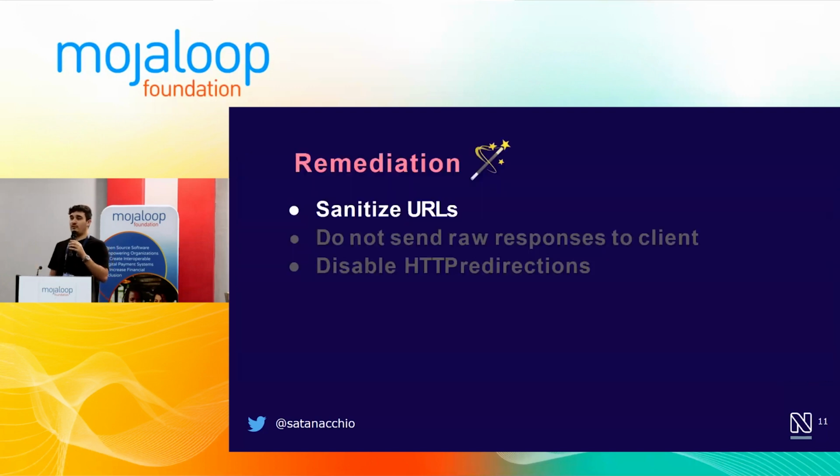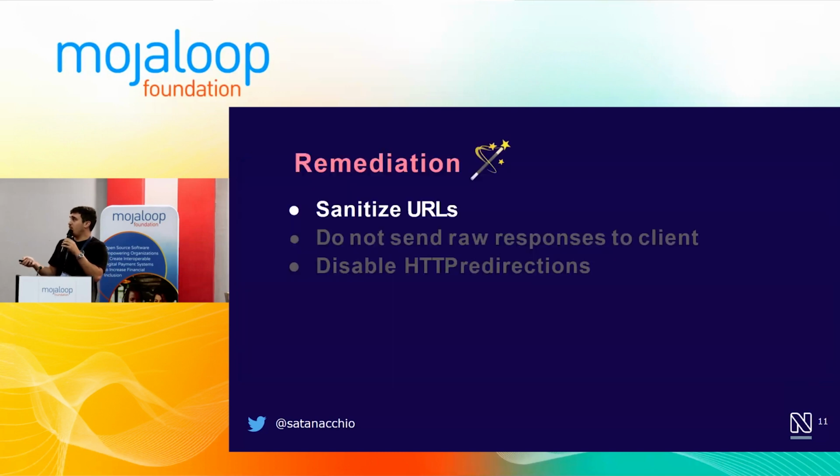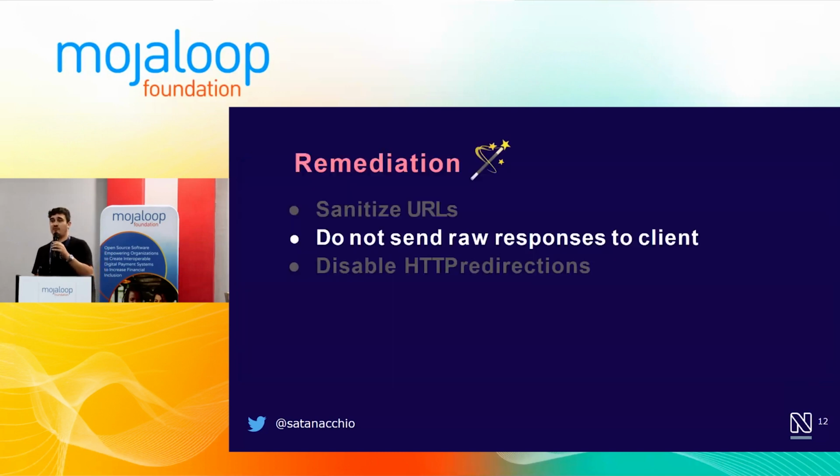So first of all, URL sanitization. You don't want people to pass third-party APIs, for example, to the file system. Like you don't want to allow people passing file paths. And then you don't want to send raw responses to clients.